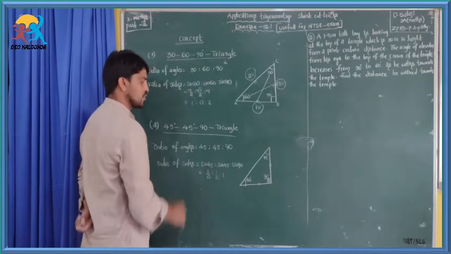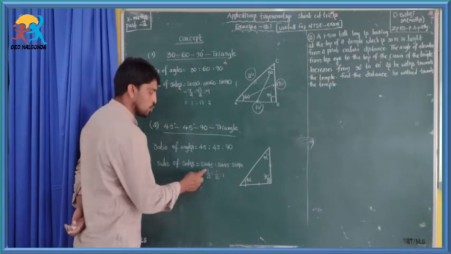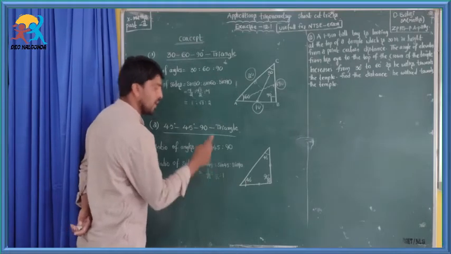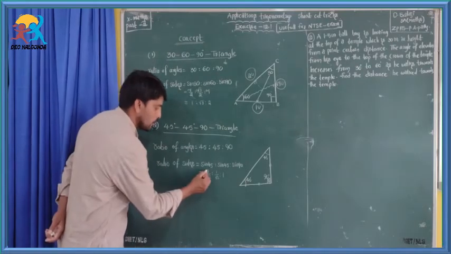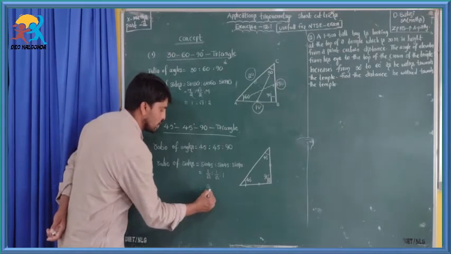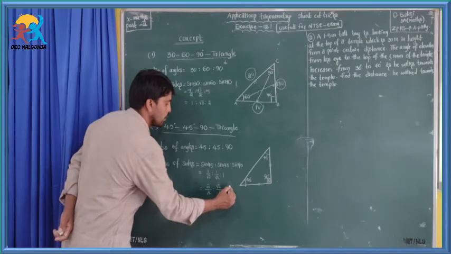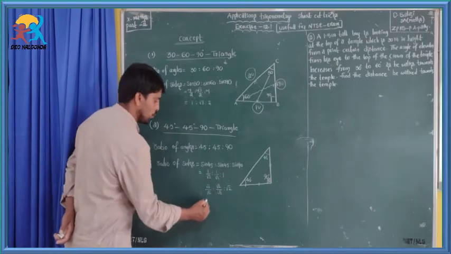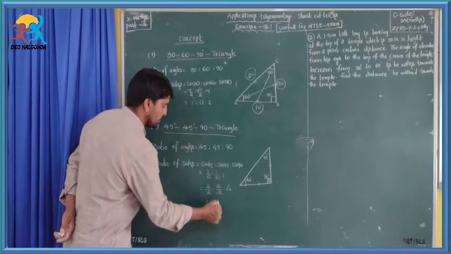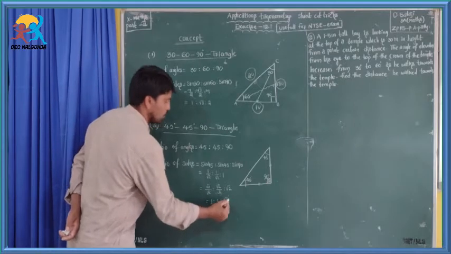To simplify this ratio, multiply root 2 to each term of the ratio. Root 2 by root 2 is 1, again 1, and root 2 into 1 is root 2. So the ratio is 1 is to 1 is to root 2.